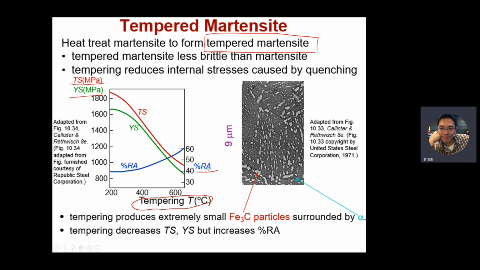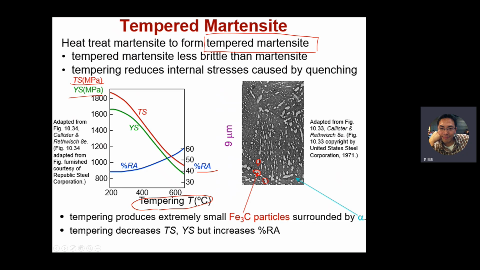From the microscopic point of view, tempering produces extremely small cementite particles surrounded by alpha ferrite. You can see these extremely small particles are spherical, a round shape.